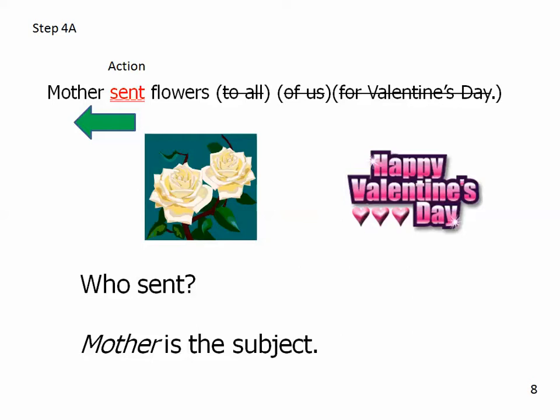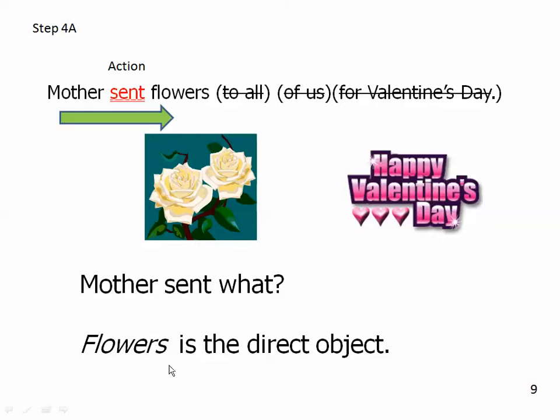Step 3. Look in front of the verb and ask who or what to find the subject. Who sent? Mother sent. Mother is the subject. Now we're on step 4. Since the verb is an action verb, we can look for the direct object.